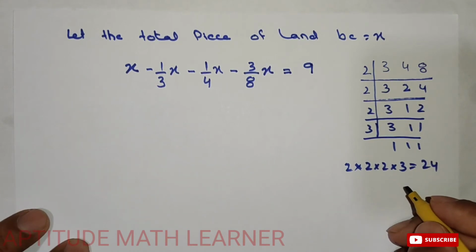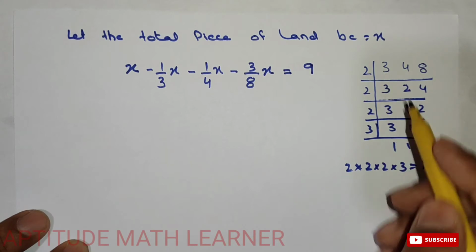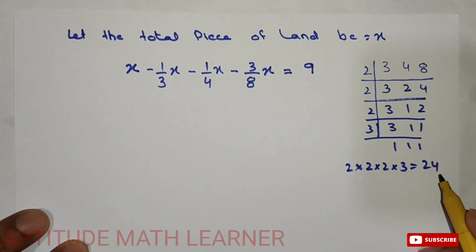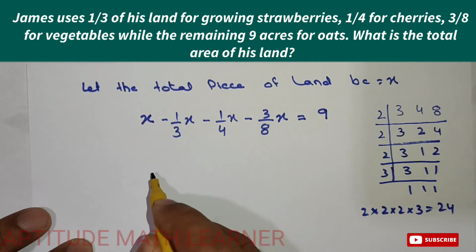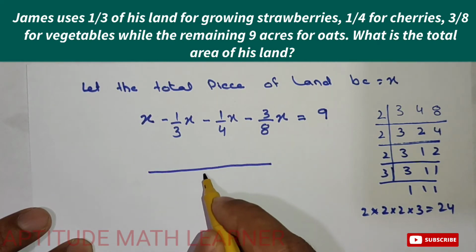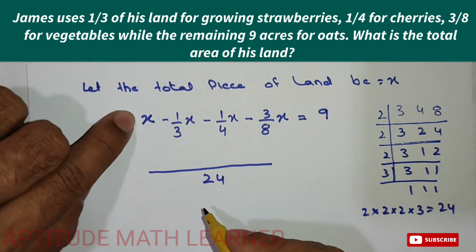So we have taken 3, 4 and 8 and we have got the LCM, that is 24. So here we take the LCM, that is 24.